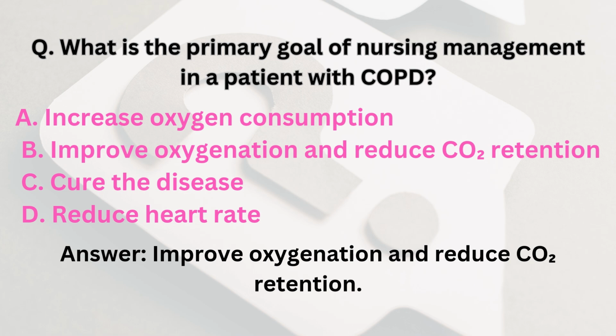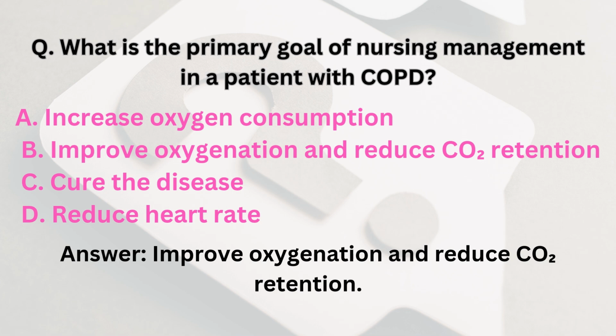Let us look at why the other options are incorrect. Increase oxygen consumption. Instead of increasing oxygen intake, the primary goal is to ensure the body can effectively use the oxygen available. The next option, cure the disease. Unfortunately, there is no cure for COPD.